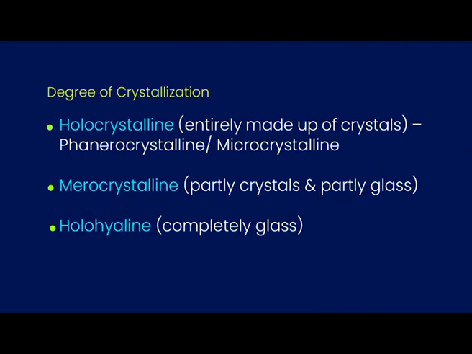Merocrystalline, on the other hand, shows that the rock is partly made up of crystals and partly made up of glassy material. Then the third type, holohyaline, tells about the rock being completely made up of glassy material. Glassy material in the sense that there is no crystalline substance. The material constituting the rock will not show any internal structure.